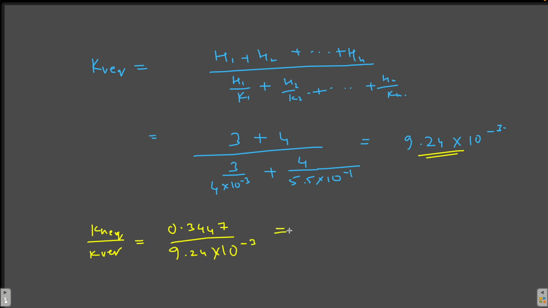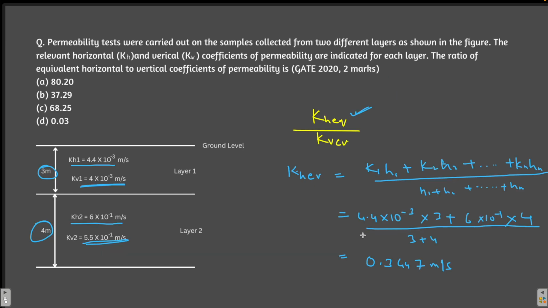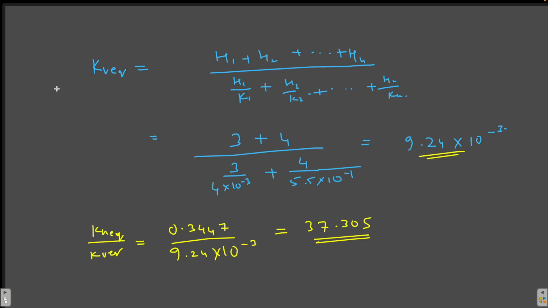Let me just calculate it once again. That will give you the answer as 37.305. So 37.30 I'm getting. The closest answer to this is 37.29. Okay, so this option is the correct option.